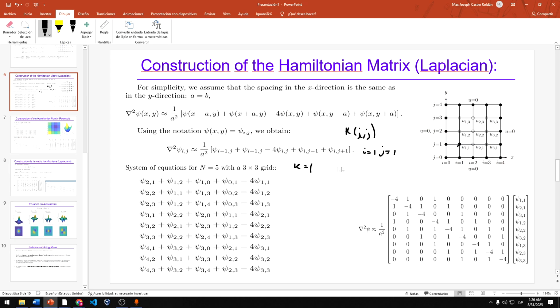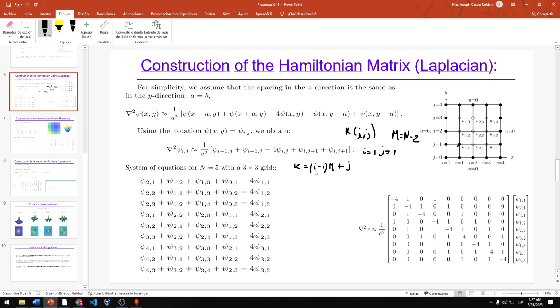Entonces, para que esto tenga sentido, vamos a relacionar a i menos 1 por m. M en ese caso va a ser la cantidad de nodos internos. O sea, m es igual a n menos 2, más j.